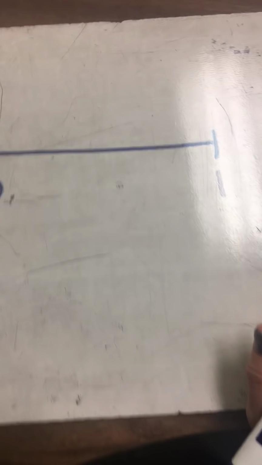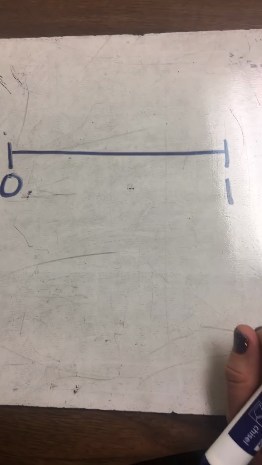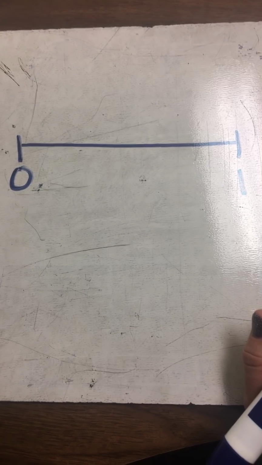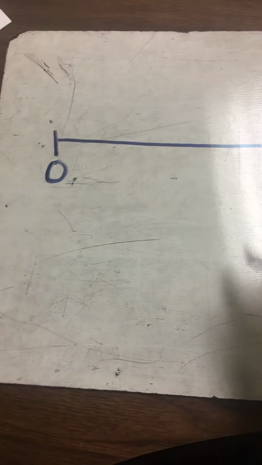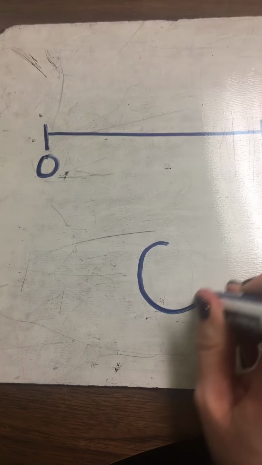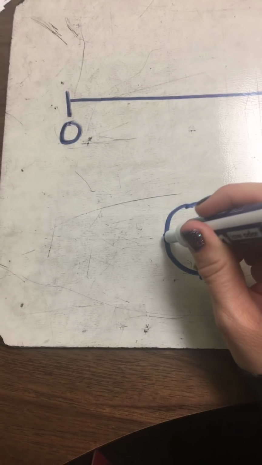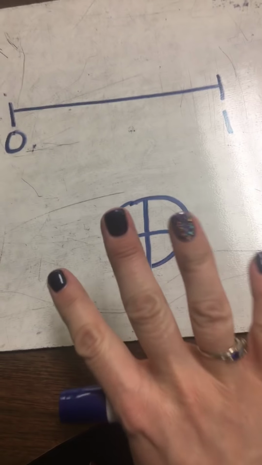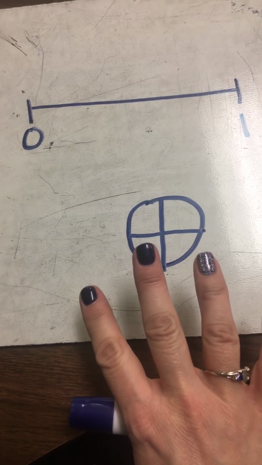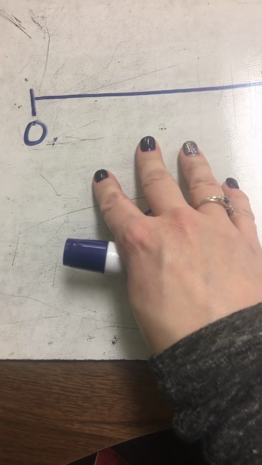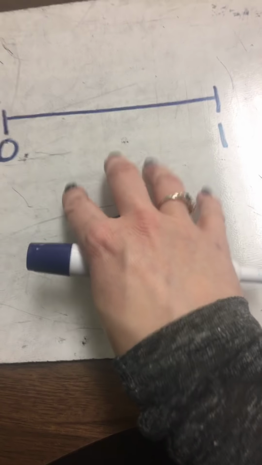Okay. This time, let's say that I want to split my line into fourths. That means I need 4 sections. Again, just think of it as a shape. If you had a circle and you wanted to split it into fourths, you would know that that meant you needed 4 pieces. So it's the same thing with a line. It's not any different. You want it in 4 sections.